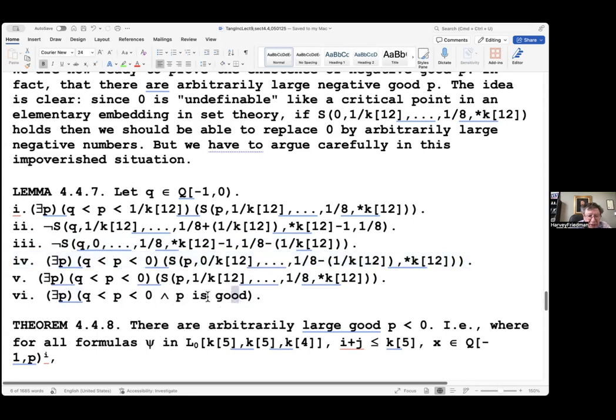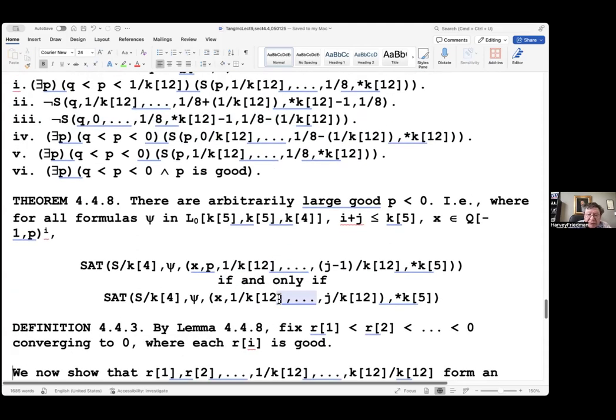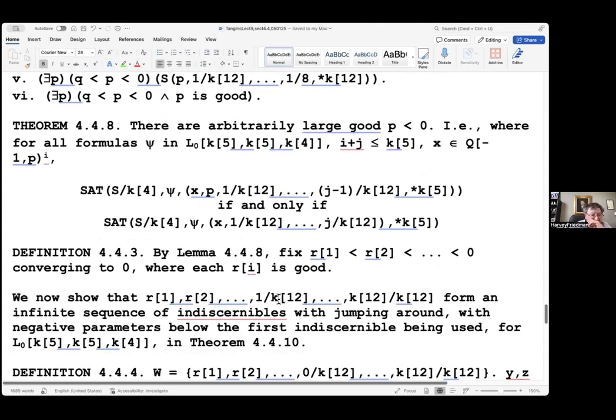P is good. That's the definition of good. Okay. So we get arbitrarily large good P less than 0, i.e., for all formulas psi, I'm just repeating the definition. For all formulas psi, we have the original definition of good. All I'm doing is repeating that, right? So P and 1 over K12 get exchanged and pushed down.